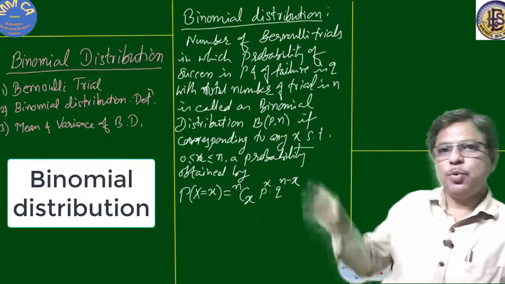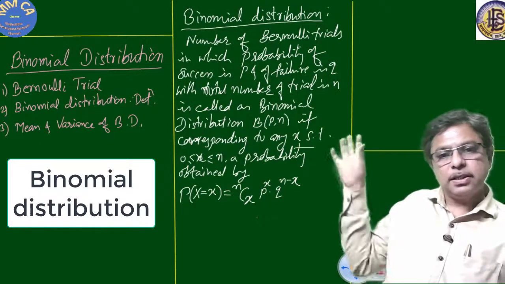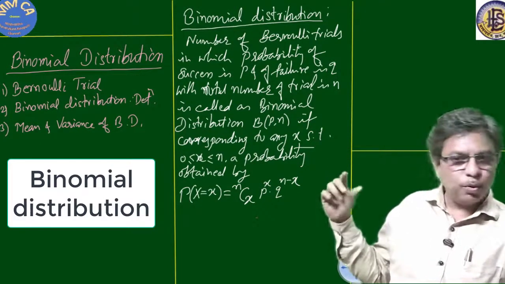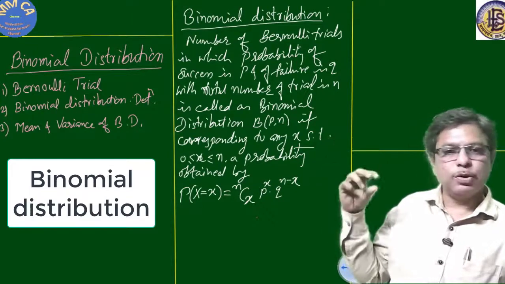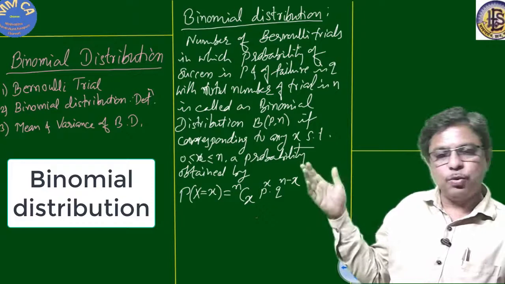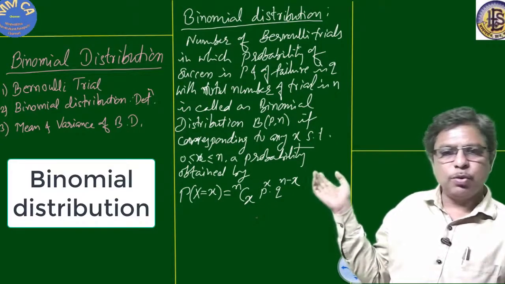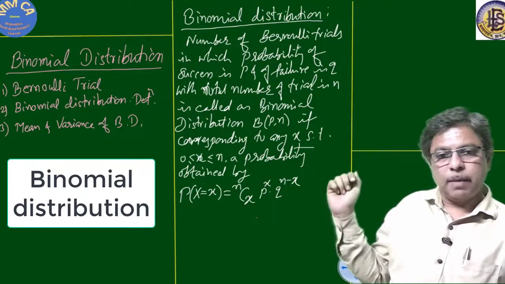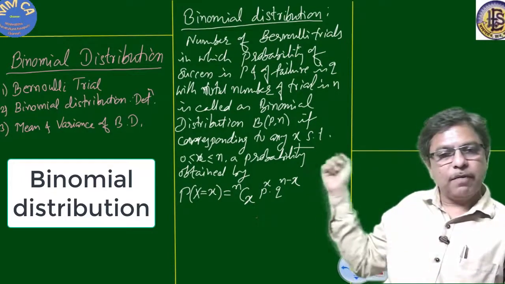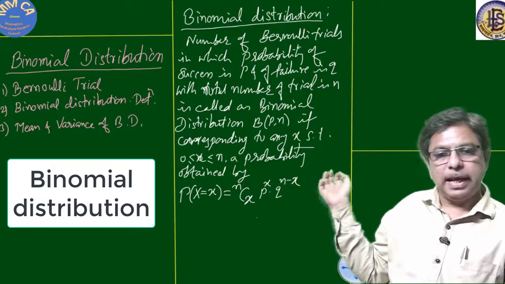So these total values are called the probability distribution. For x equal to 0, we can find the probability of x equal to 0. For x equal to 1, we can find the probability of x equal to 1. For x equal to 2, we can find it by the same formula, and for the last value, x equal to n, we can find the probability of n.